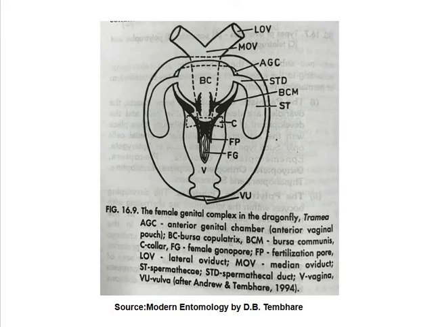It receives the spermatheca, median oviduct and bursa copulatrix, and opens to the exterior through a well-defined opening, the female gonopore. It varies in anatomy and histology among different groups of insects.